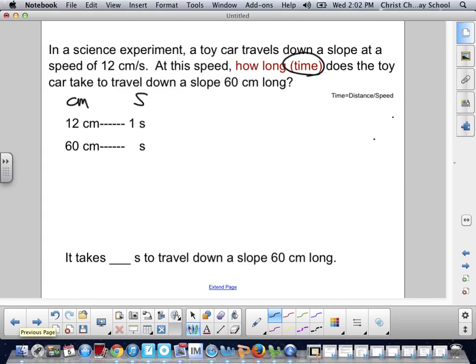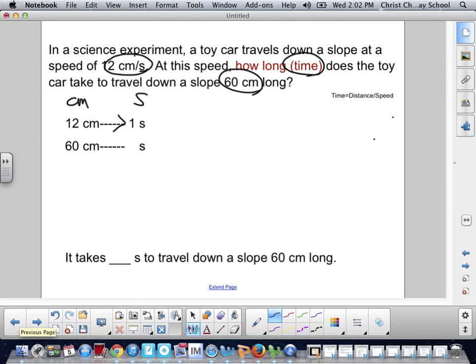So it tells us in the word problem that it goes 12 centimeters per second. So 12 centimeters per 1 second. Then we're trying to figure out how long it takes for the toy car to travel 60 centimeters.